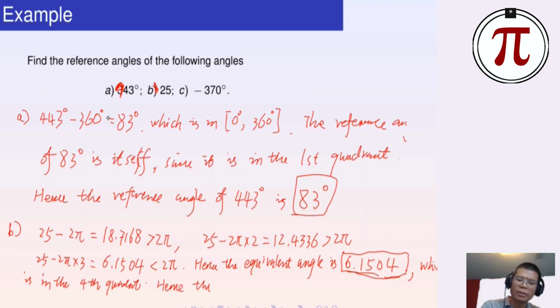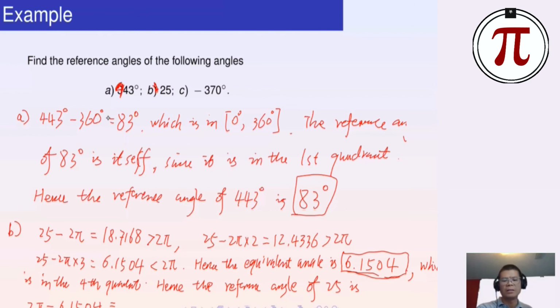You can just write this. You do not have to find the equivalent angle first. The reference angle of 25 is 2 pi minus 6.1504. You can directly write the reference angle of 25, because they're the same. Using the calculator, can you find this one?